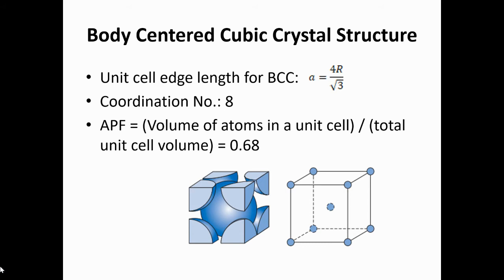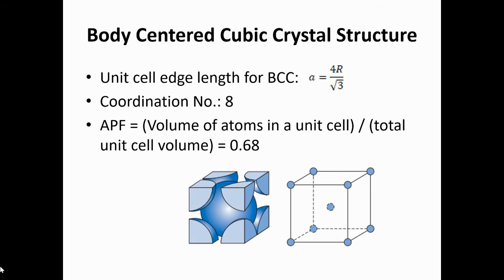In this cubic system, two atoms are associated with each BCC unit cell. That is the equivalent of one atom from the 8 corners, each of which is shared among 8 unit cells, and the single center atom which is wholly contained within its cell.